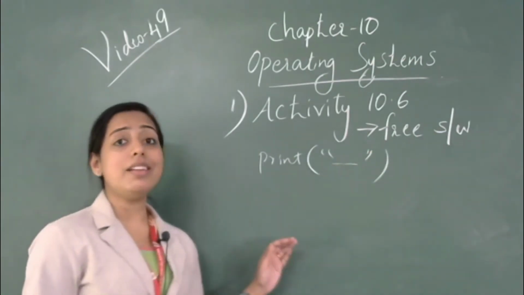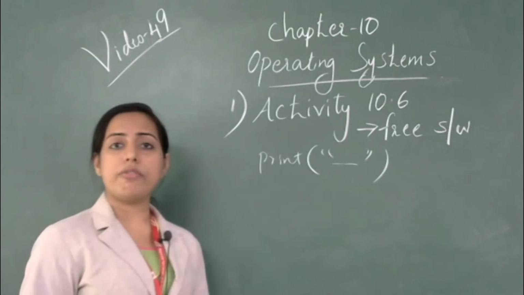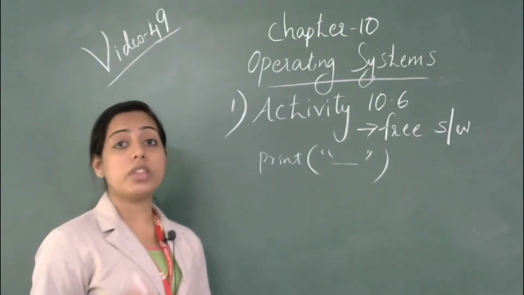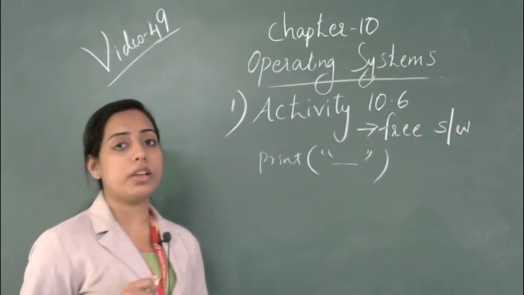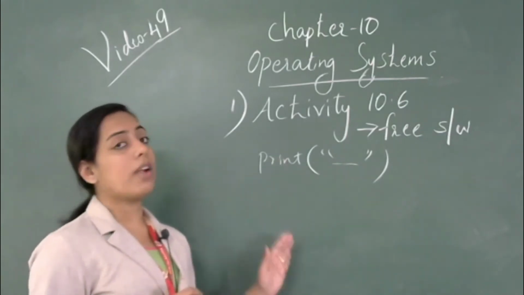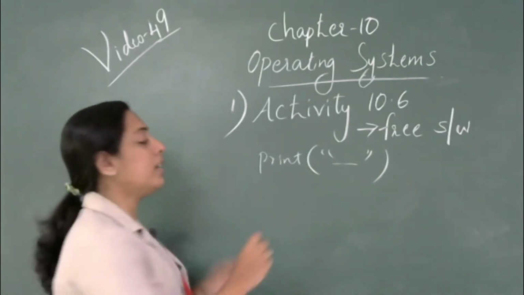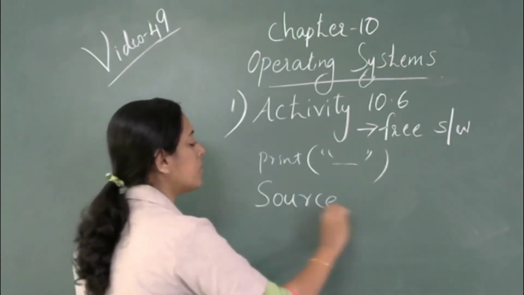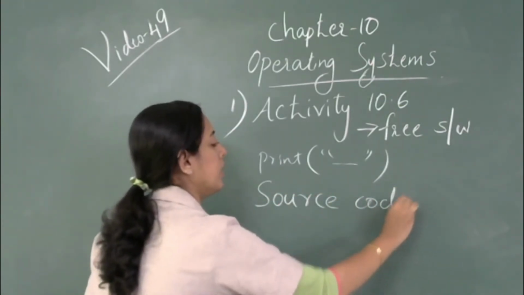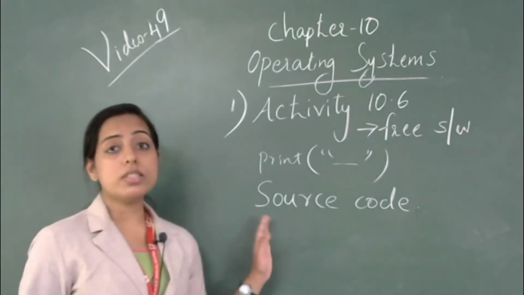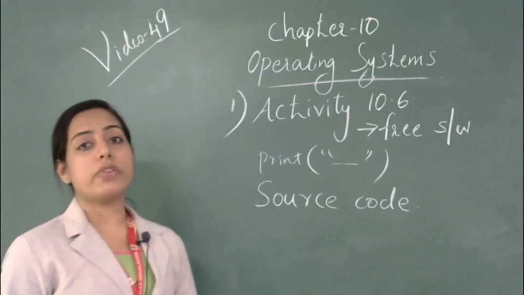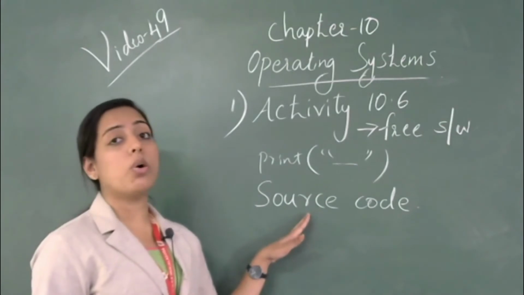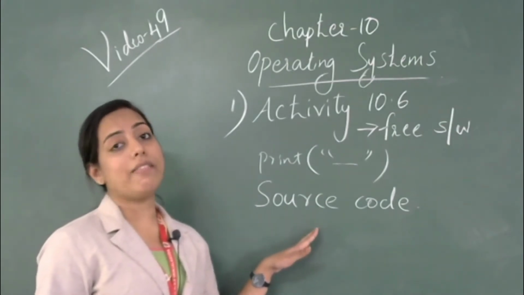These are known as instructions. You have studied different functions, then range, if, for. Do you remember that? These instructions together are termed as source code.